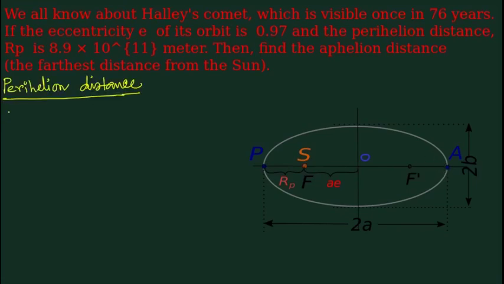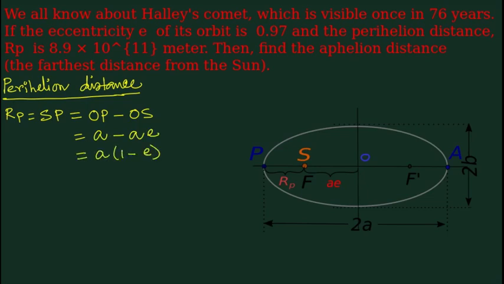So the perihelion distance RP equals SP, right? So this is equal to OP minus OS. OP is the length of the semi-major axis, that is A, minus OS, that is A times E. So this is equal to A times (1 minus E).